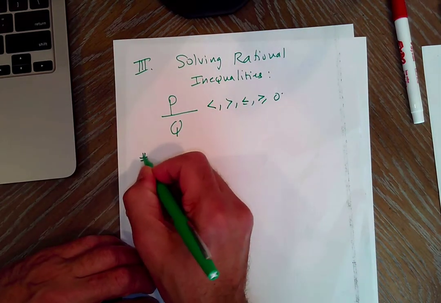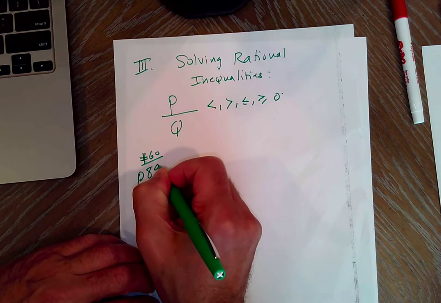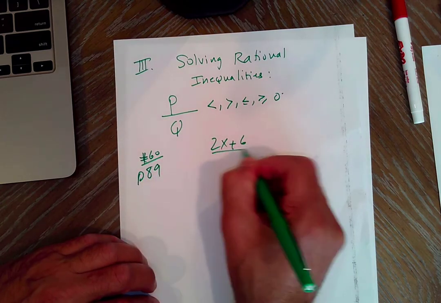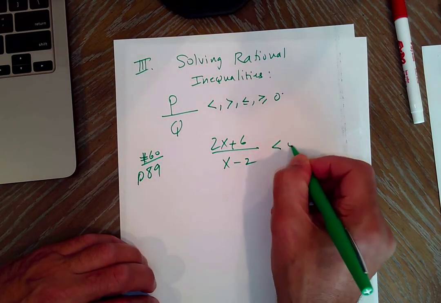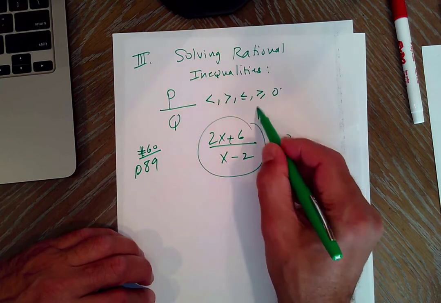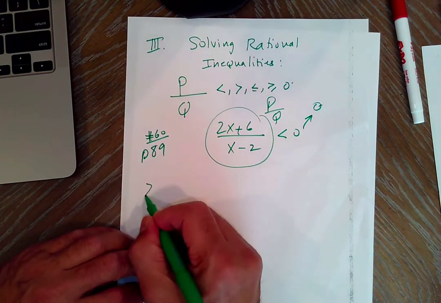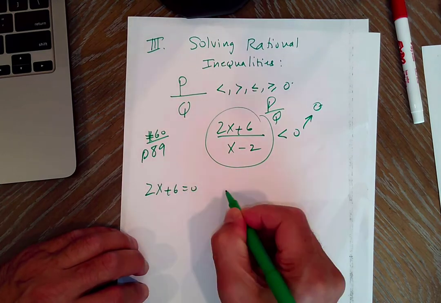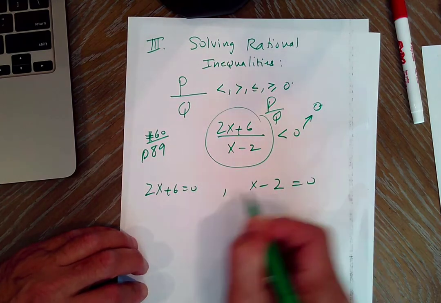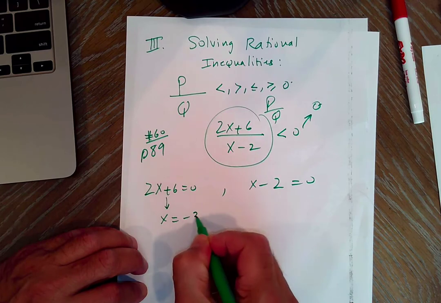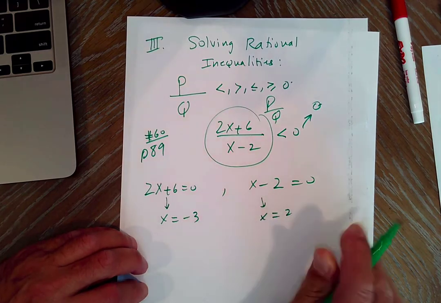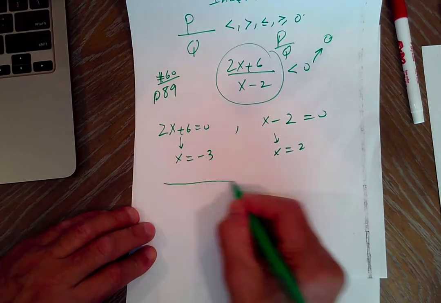So number 60, page 89: 2x plus 6 over x minus 2 is less than 0. So this is p over q and this is 0. So we're good, we have that form. Then we set each one of these equal to 0 to get the critical values. This is -3 and this is 2. So we put those on the number line.